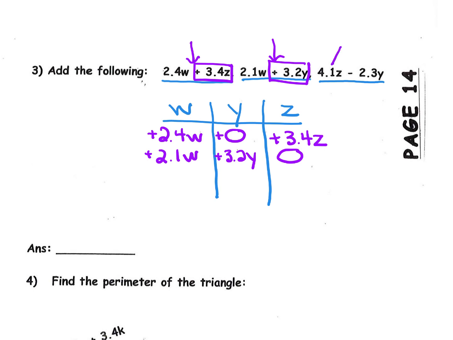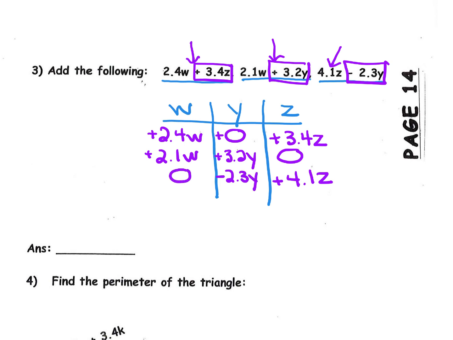And lastly, let's put the positive 4.1Z in the Z column and a loss of 2.3y in the y column.